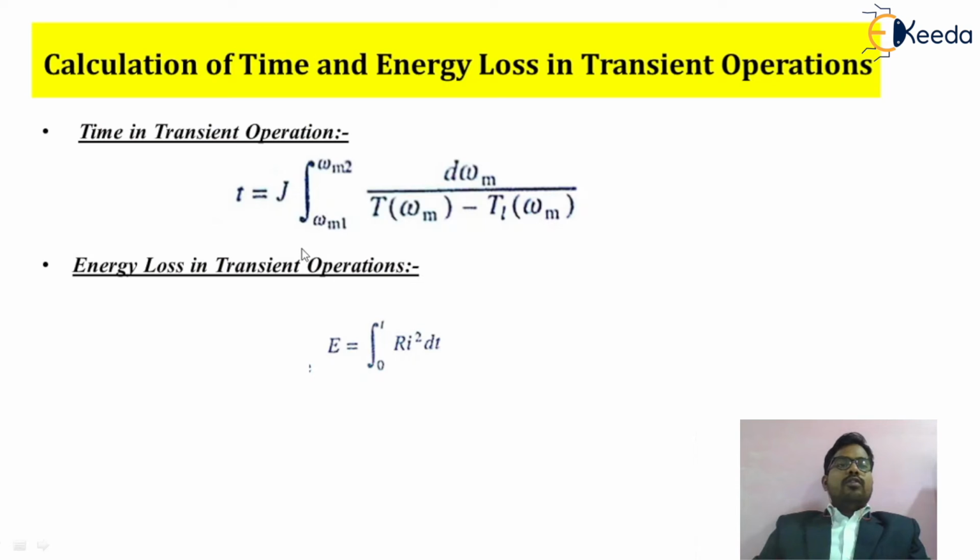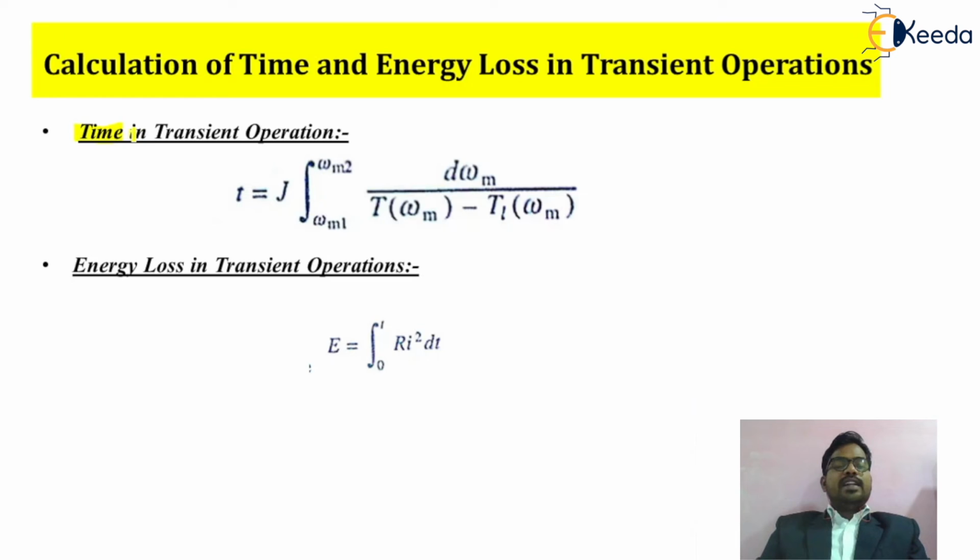Now we can conclude the two different formulas. The first formula is concerned with the calculation of the time of the transient state operation, and the second formula is the energy loss in transient operation.